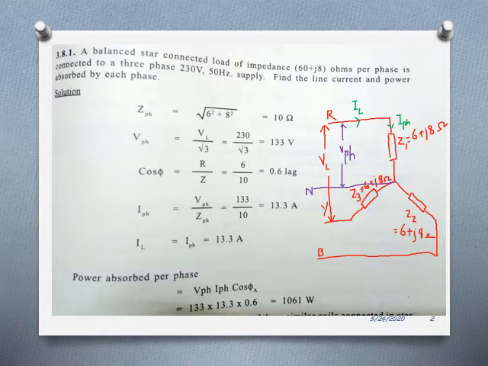The first magnitude will obviously be the resistance, and the imaginary term, if it is positive, will be inductive reactance. If it was negative, it would have been a capacitive reactance. Now in this question it is 6 plus j8, which means it is of the form R plus jXL, where R is 6 ohm and XL is 8 ohm.